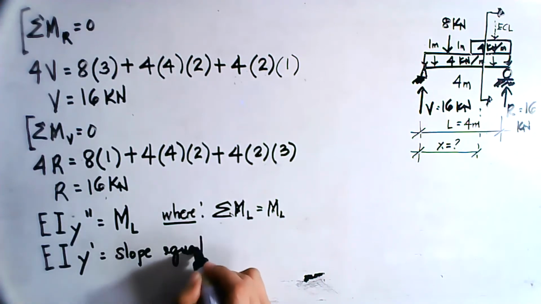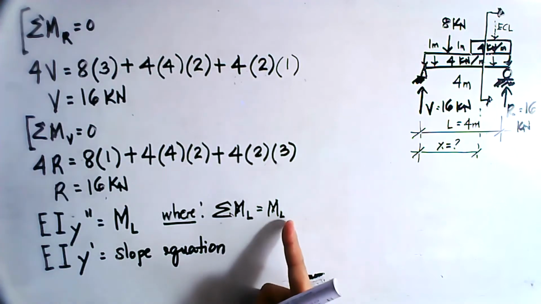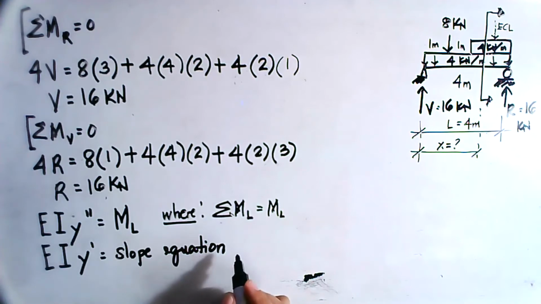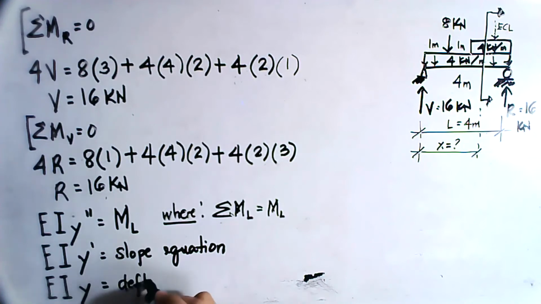So if EIY double prime is the moment equation, EIY prime will be the slope equation. Further integrating EIY prime, we will have EIY, which is our deflection equation.